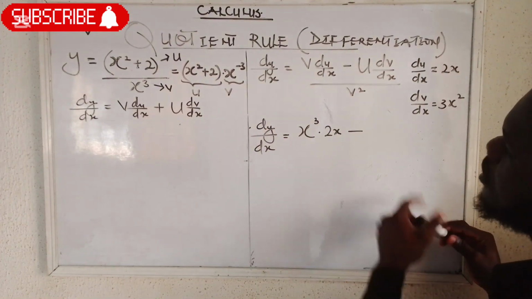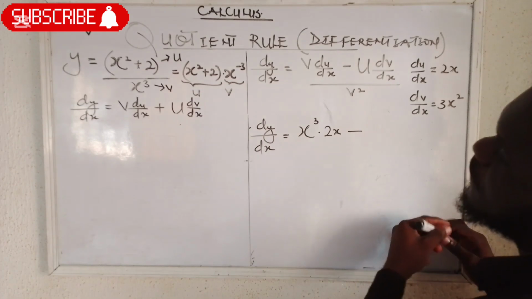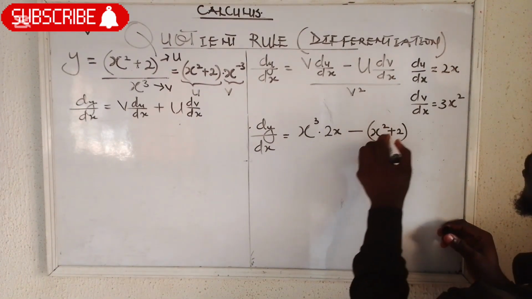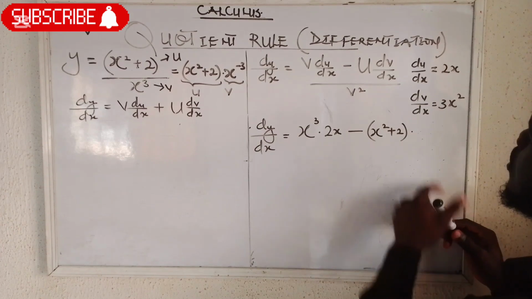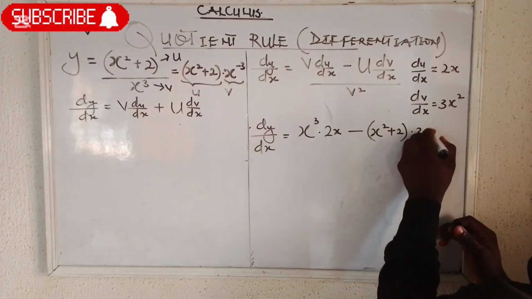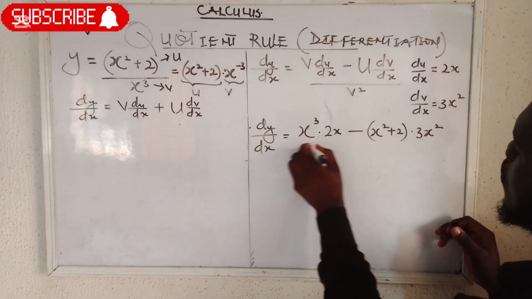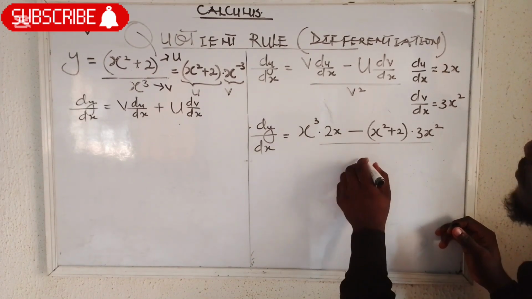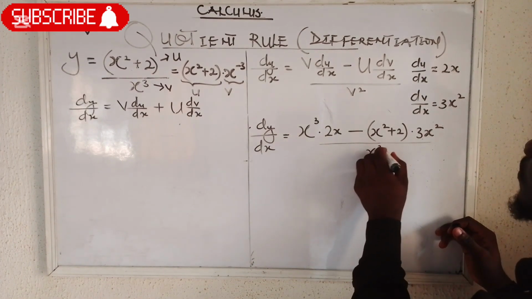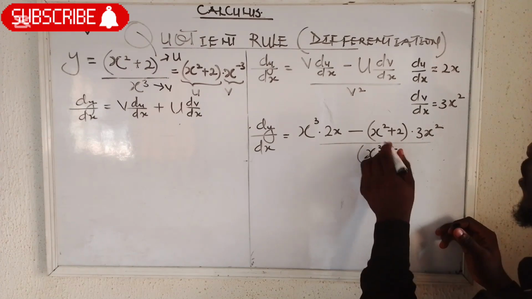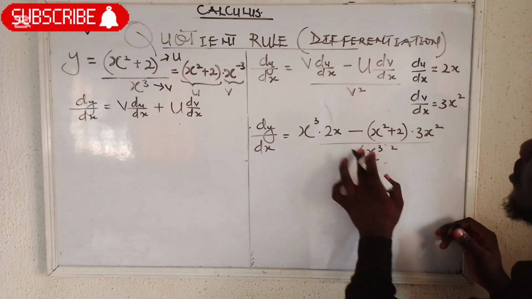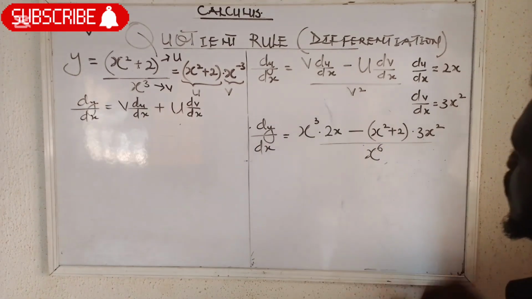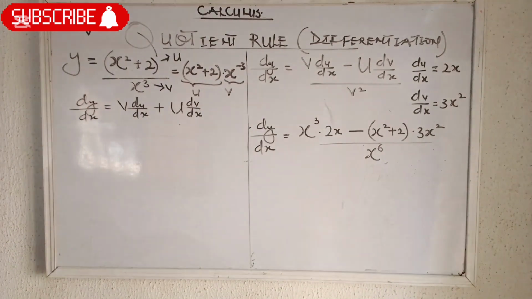We have u to be x squared plus 2, times dv/dx, which we found to be 3x squared, all divided by v squared. So we have x to the power of 3, then don't forget this is squared, but the square affects the 3, so it becomes 6. So we can just rewrite this as x to the power of 6.